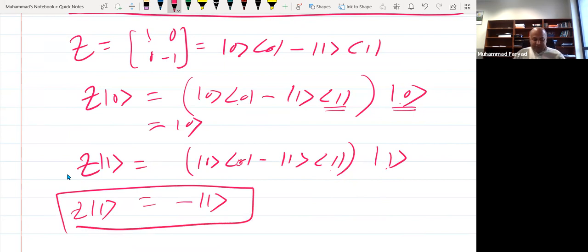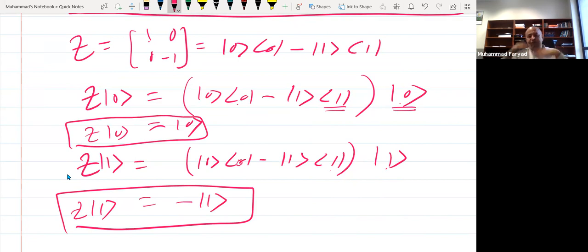So now I have this worked out. But once you develop this practice, if you want to see what the Z gate does, you don't even have to do all of these things. You just go to this definition and you see that since the |1⟩ state is written here, when the |1⟩ is operating from the right, this will give a non-zero value only with this term, and I will be getting -1.